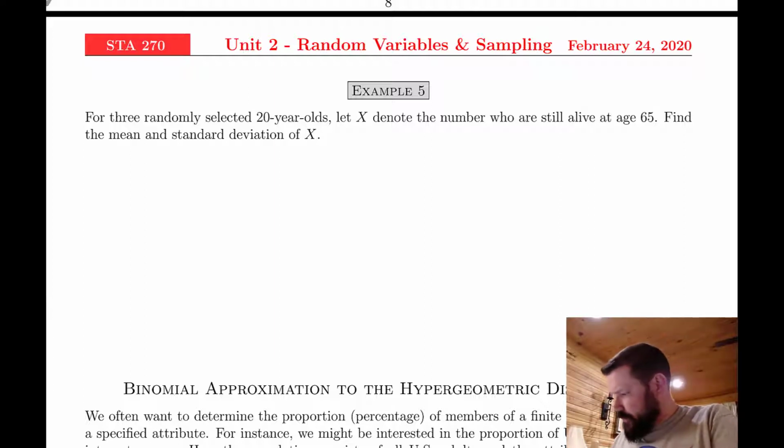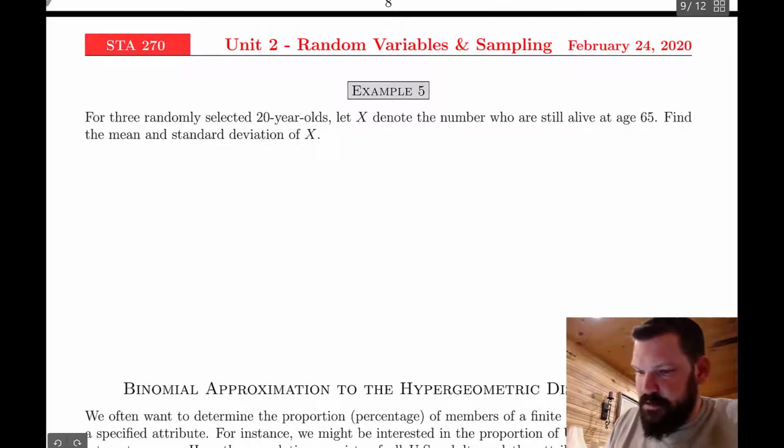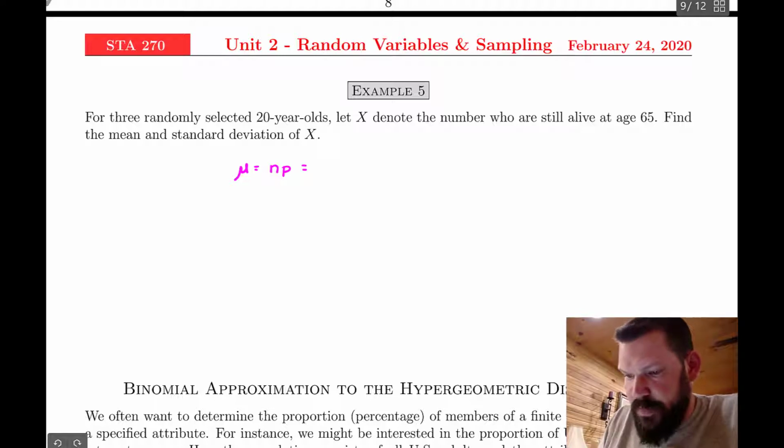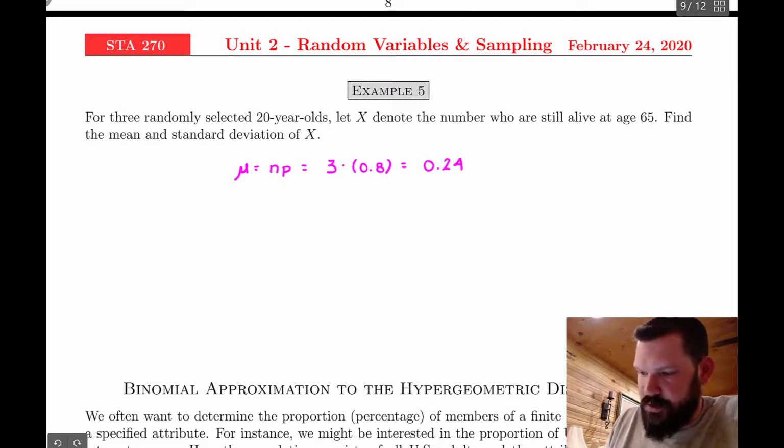To find the mean, mu is equal to n times p. In this problem, the number of people that we have is 3, and the probability of success is 0.8, so we multiply that together and get 2.4.